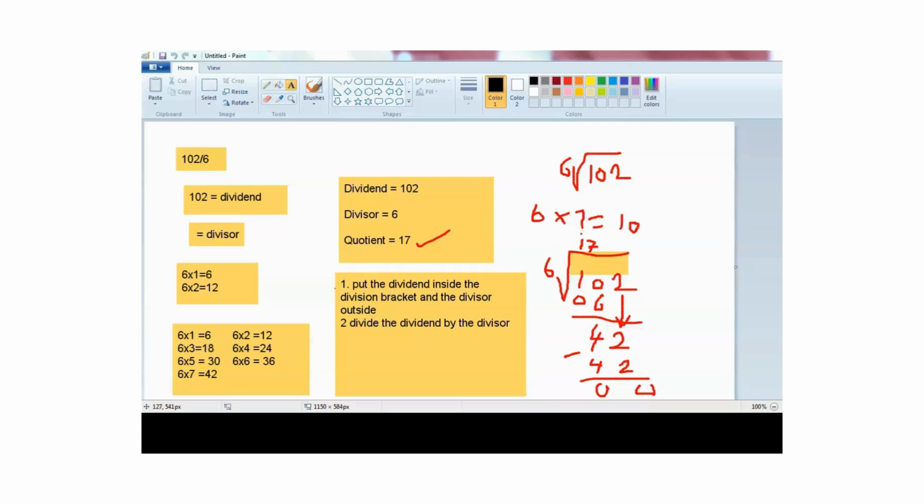What do you get? But the process doesn't take 102 as a whole. You start small. Start with 1. 6 cannot go into 1. Then you move one step ahead into 10. 6 into 10. In this case, the 10 divides 6, not the 102.